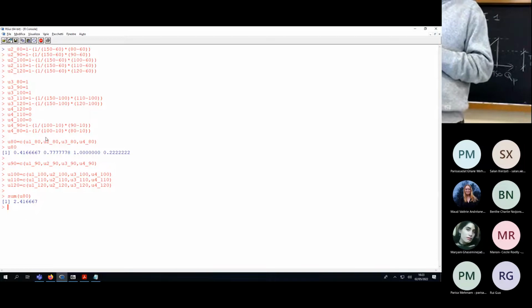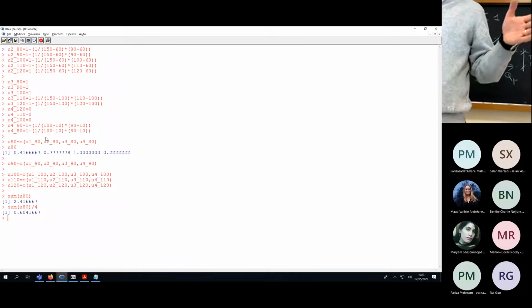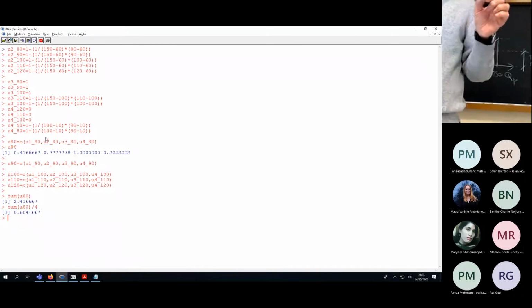So if I really want to get the result in the form of utility, what I should do is divide by 4. In this case, I'm giving each criterion a weight of 25%, 0.25.